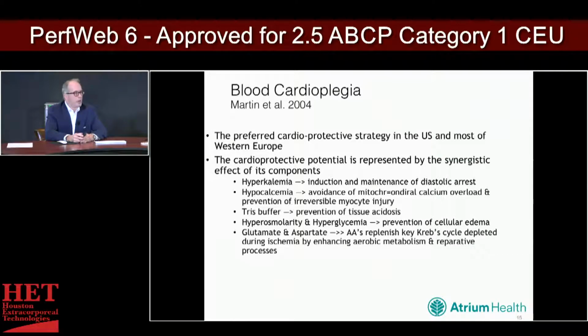Well, we know that in the US and most of Western Europe, blood cardioplegia is the preferred cardiac protective strategy.